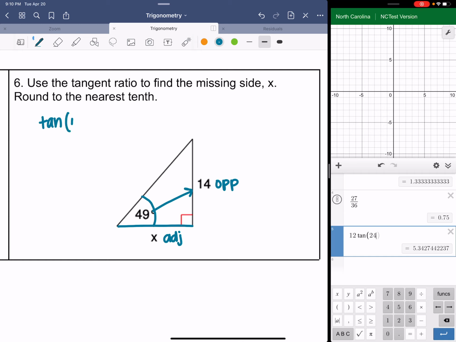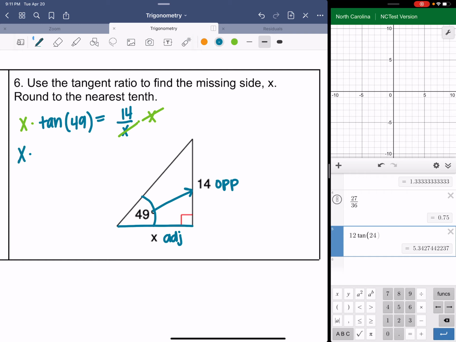So the tangent of 49 is the opposite over the adjacent. So we need to, again, solve for x by undoing that fraction. So we're going to do times x on both sides. Now, x divided by x, that is equal to 1. So we can cross those out.